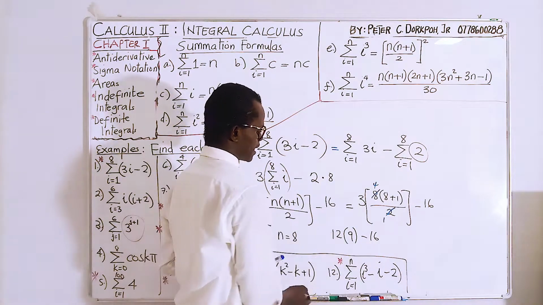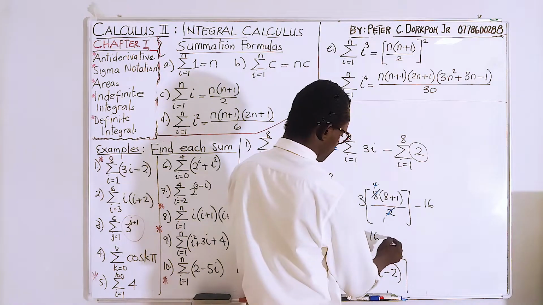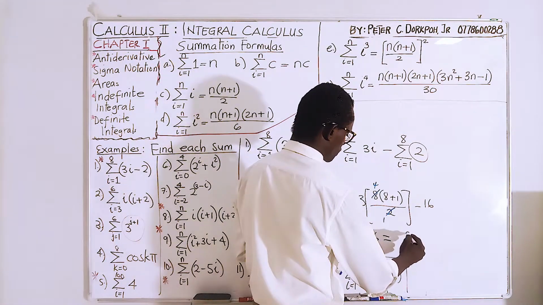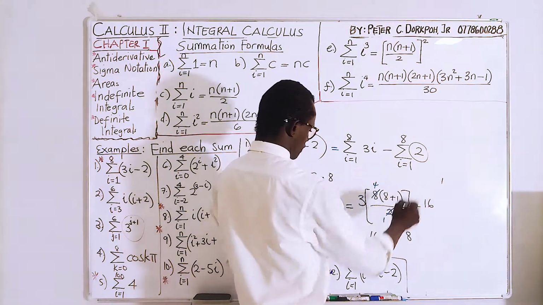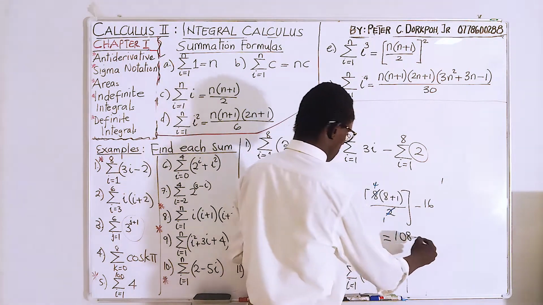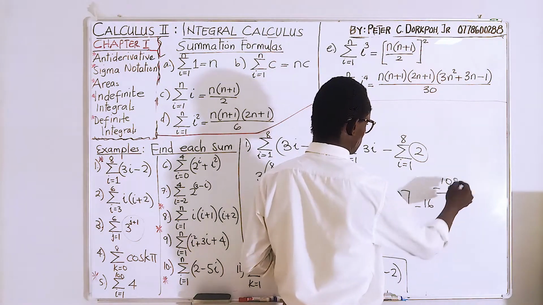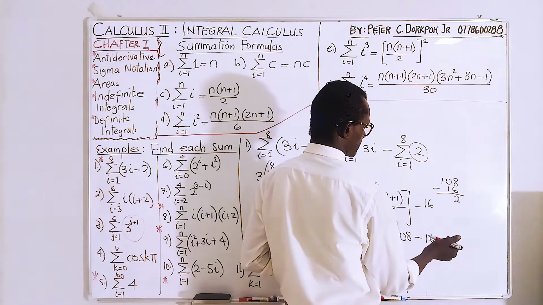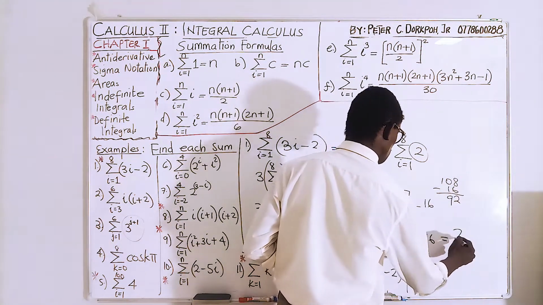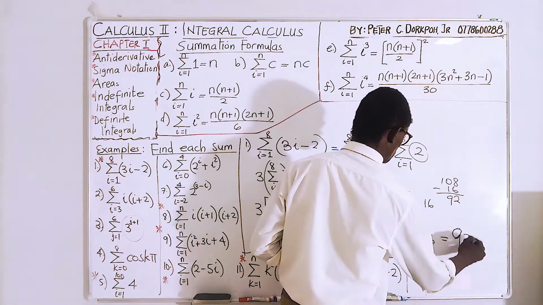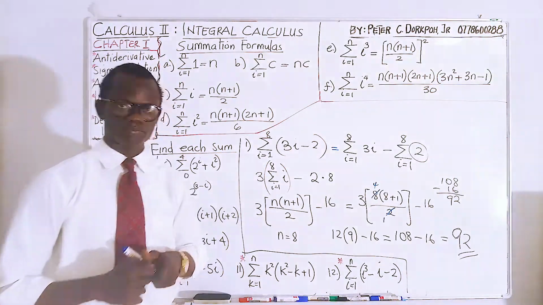So it's 12 times 9, which is 108, minus 16. So 108 minus 16 gives 92. So this sum is 92.